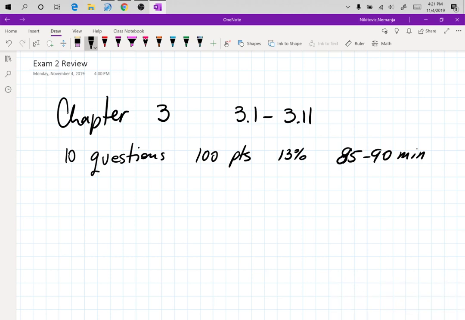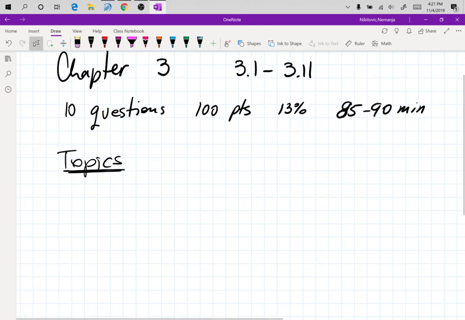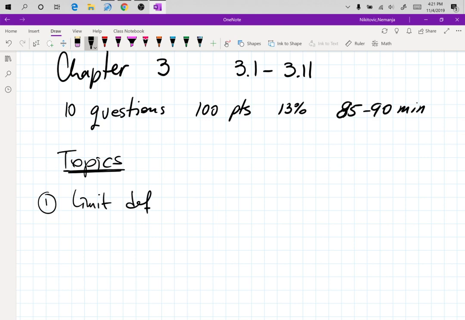Anyway, so that's our chapter 3, and the topics. We start with number 1, limit definition of the derivative.